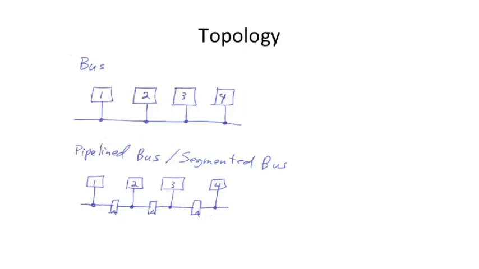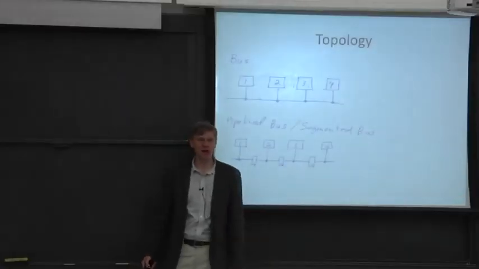So before we break for today, I wanted to just flash up a couple different topologies where we'll pick up next time. But in our networks, we talked about buses, multiple entities on one shared medium. You could think about building a segmented bus, where you actually have flip-flops along the communication path here.